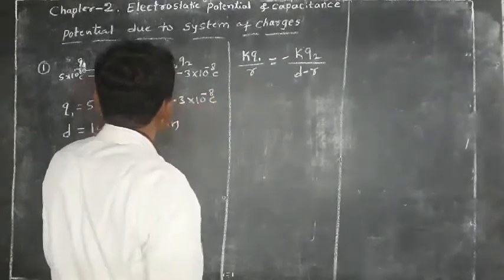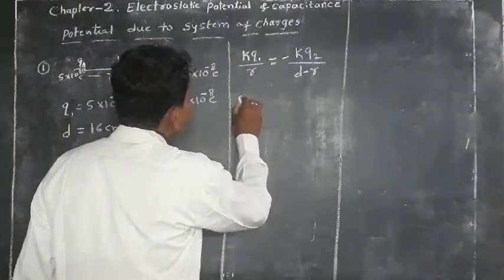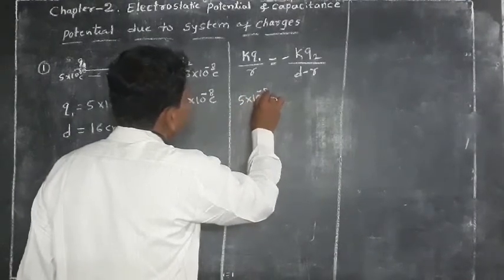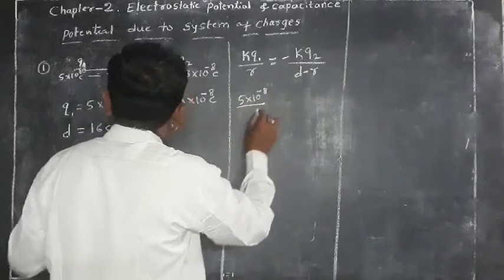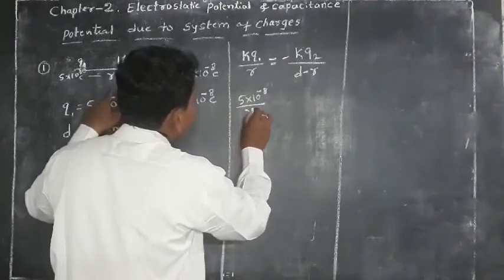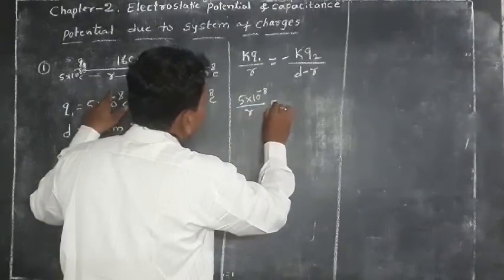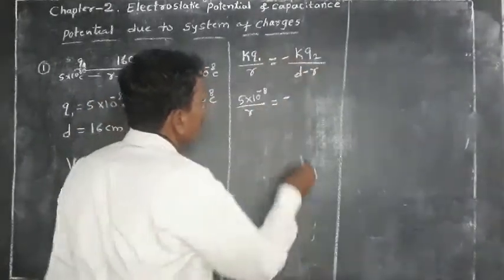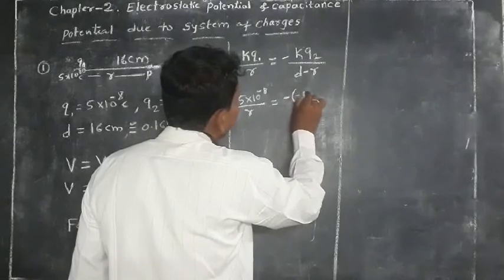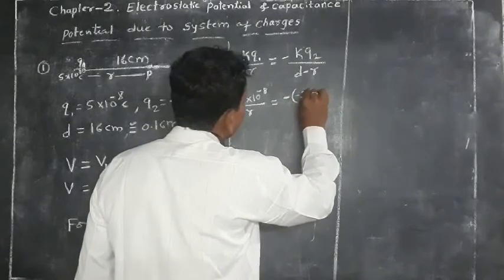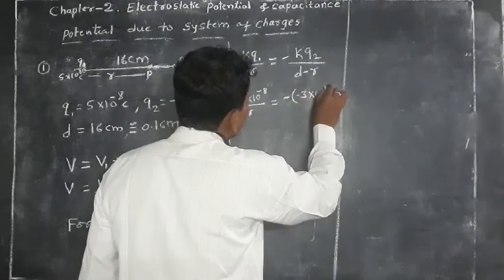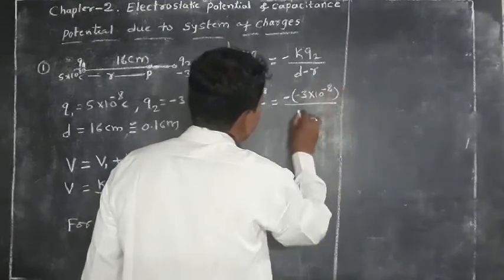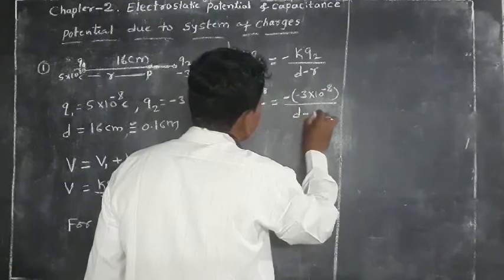But q1 is given, q1 equal to 5 into 10 raised to minus 8, upon r, it is unknown, is equal to minus, k is cancelled, and Q2 equal to minus 3 into 10 raised to minus 8 upon the distance d minus r.